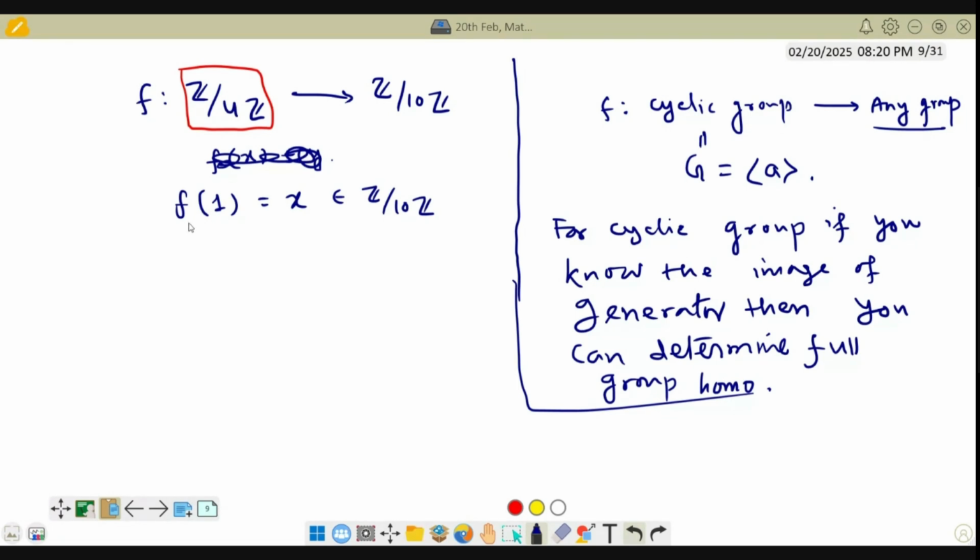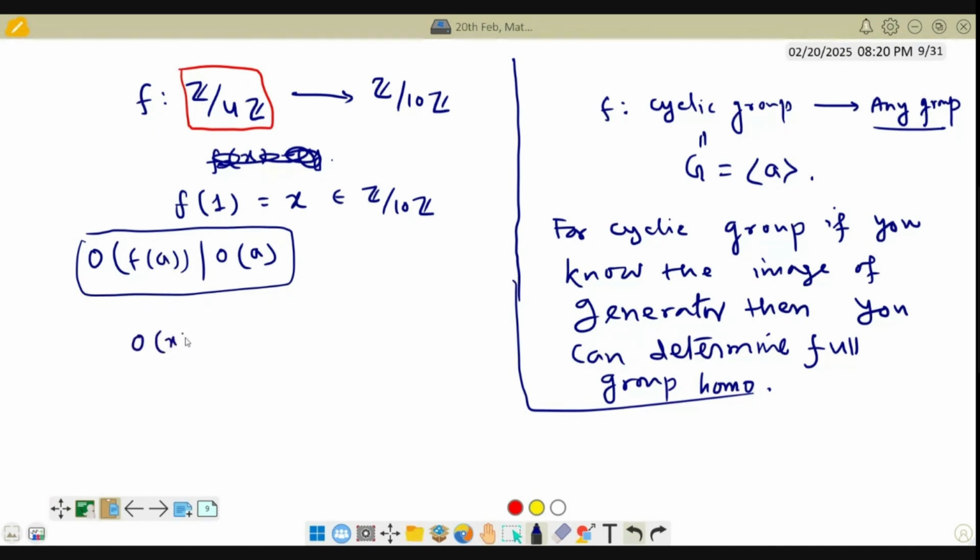If you know f of 1, then you can easily find the values of f of 2, f of 3, all those things. Even for a group homomorphism, you know the order of f of a divides the order of a. You can use this. So here the order of x divides the order of 1, which is 4.